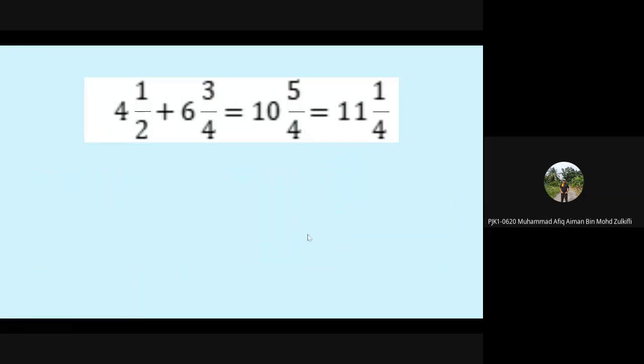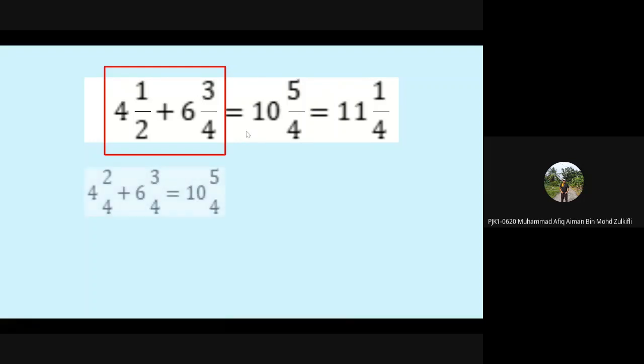Now, you can see the different denominators of mixed numbers. Okay, you can see here 4 and 1/2 plus 6 and 3/4. This is the answer. Now we want to know the procedure. Okay, first of all, we can see here the denominators are different. So we have to make sure that the denominators are equivalent.